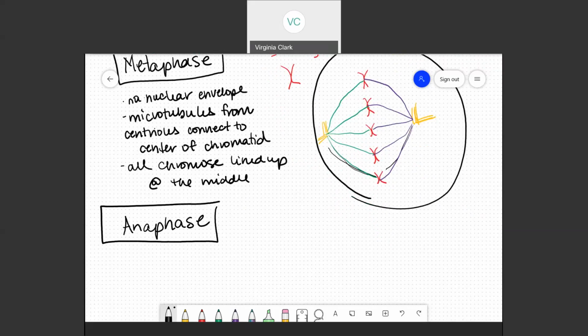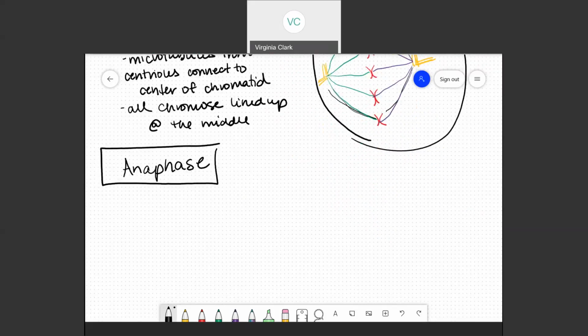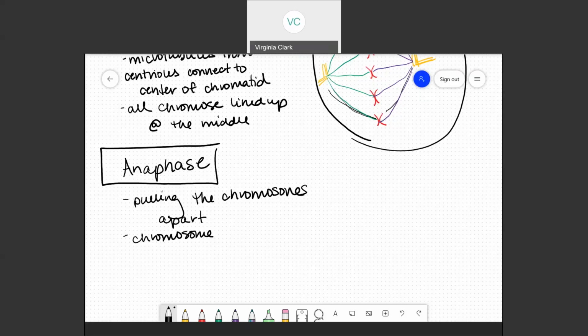Anaphase is where you are actually pulling the chromosomes apart, and you are separating the sister chromatids. And as you are doing this, your chromosomes will uncoil into your actual chromatid form.